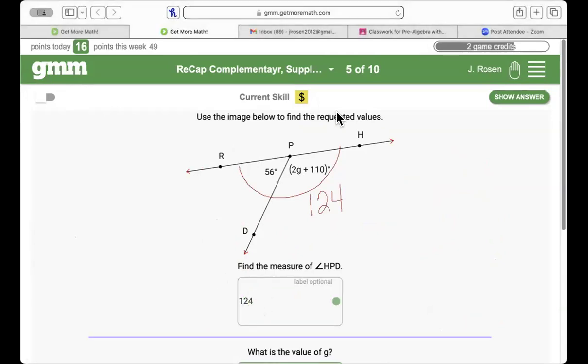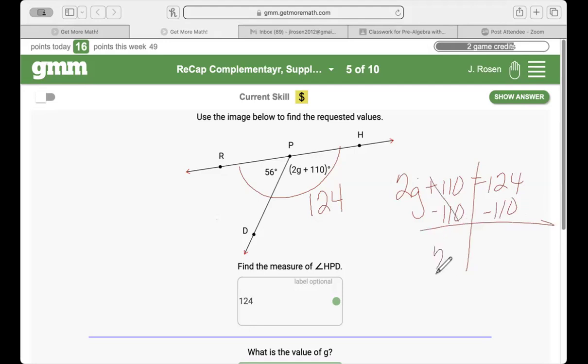And then it wants us to solve for G. So 2G plus 110 equals a total of 124. Subtract 110. Gets us 2G equals 124 minus 110 is 14. And then divide by 2 gets us G equals 7.